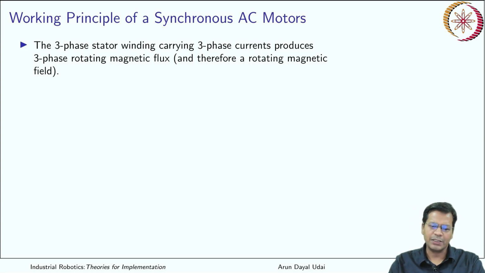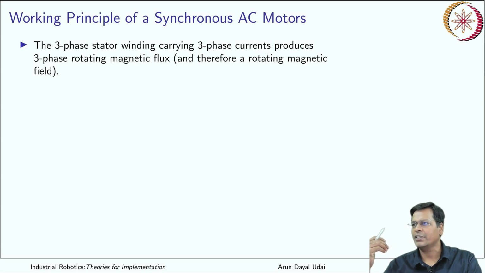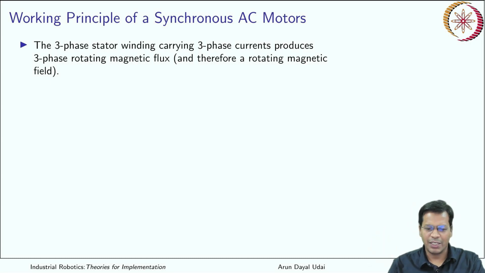So let us discuss the working principle of the synchronous AC motor. As I have told, you have a 3-phase stator winding carrying 3 phases of currents that produces a 3-phase rotating magnetic flux and therefore a rotating magnetic field. Just now I have shown you, you have multiple poles. You have poles here, another pole here and a pole here, and yet another pole here and a pole here.